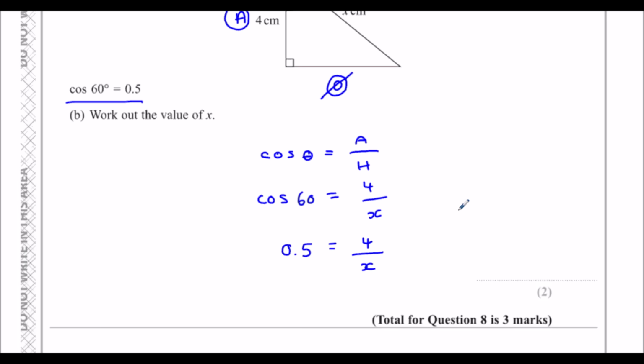So 0.5 is equal to 4 over x. How do we get x by itself? So we multiply both sides by x. So that will give us 0.5x equals 4. And then divide both sides by 0.5. 4 over 0.5. How many halves go into 4? That's 8.